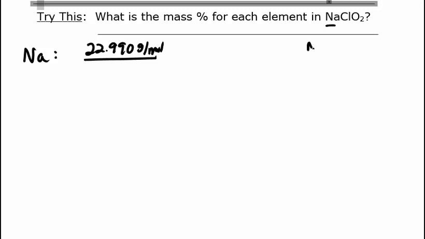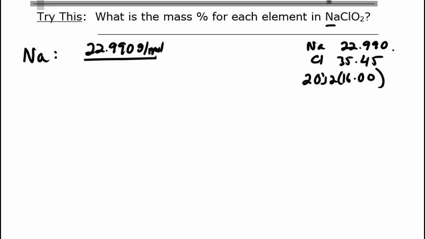It's 1 sodium, 22.990, 1 chlorine, 35.45, and 2 oxygens. So that's 2 times 16.00. I'm rounding a little bit more here than the other one. And so I'm getting a molar mass of 90.44 grams per mole.